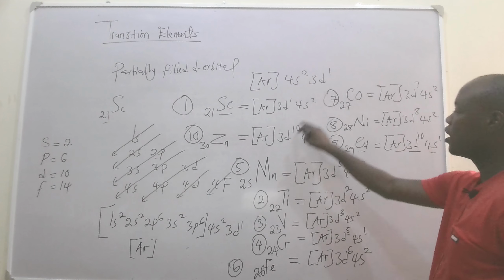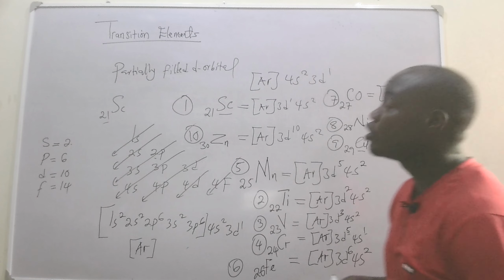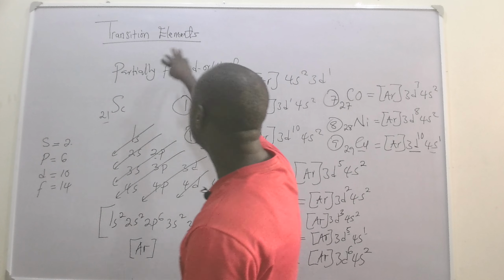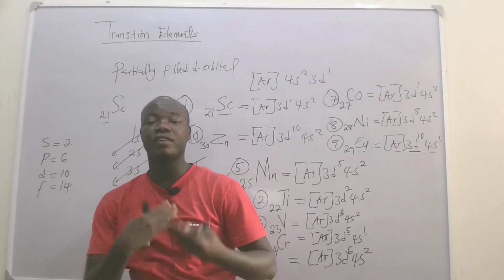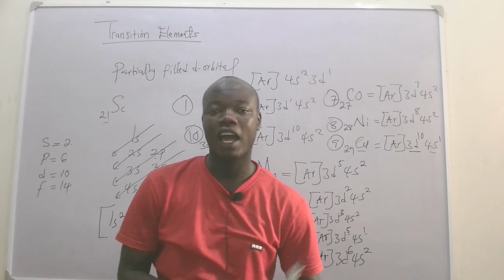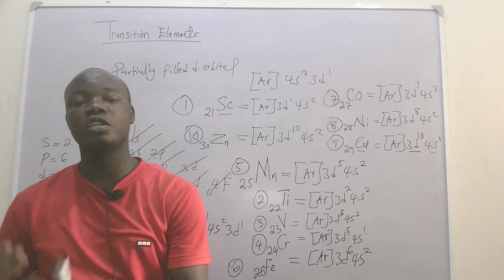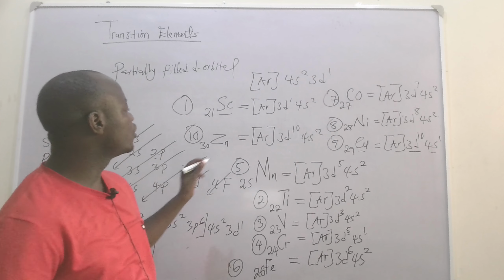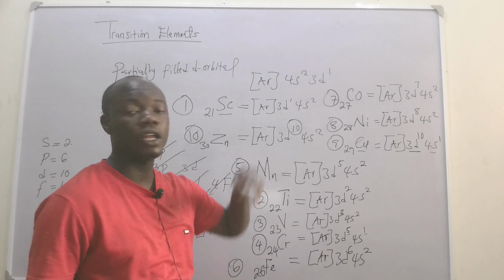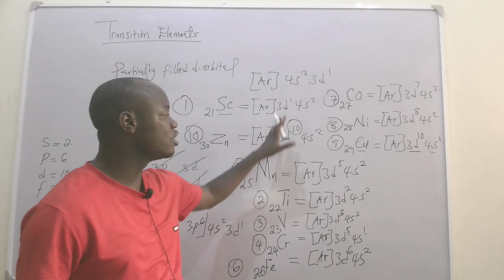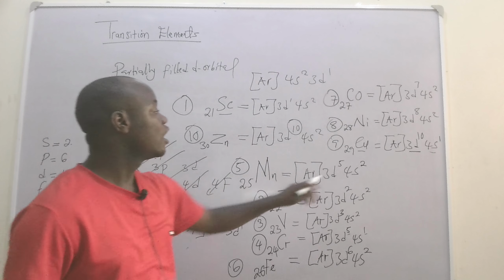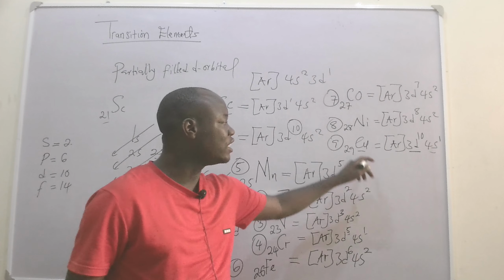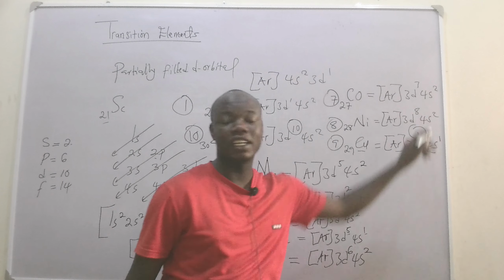So 3d10 and 4s2. Now according to the definition, transition elements are elements with partially filled d orbitals. So can you consider this as a transition element? No, because the 3d is completely filled. Can you consider copper 29 as a transition element?